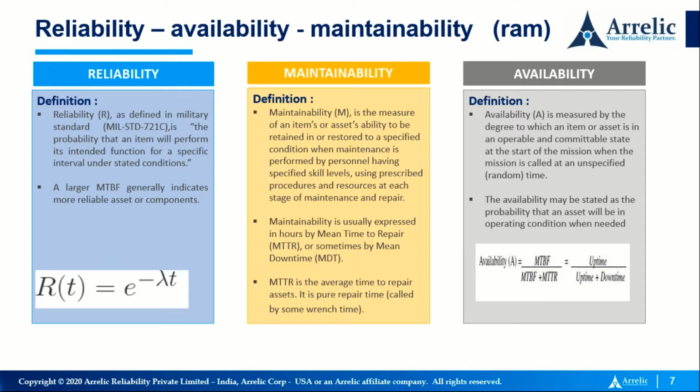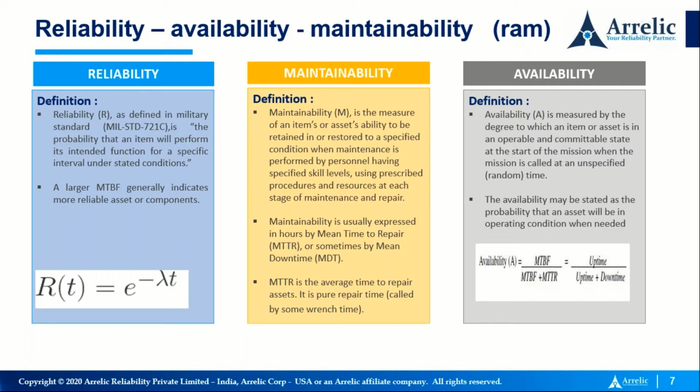These definitions now expressed in formulas. Reliability, as explained earlier when we went over the definition, is very much related to the MTBF, the mean time between failure. And a larger MTBF generally indicates a more reliable asset or component.